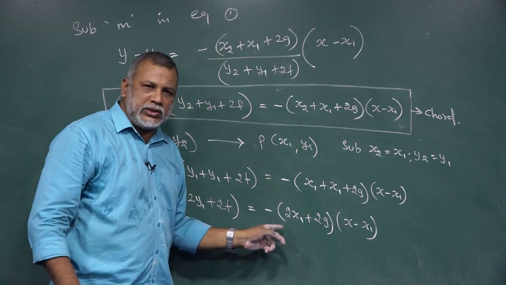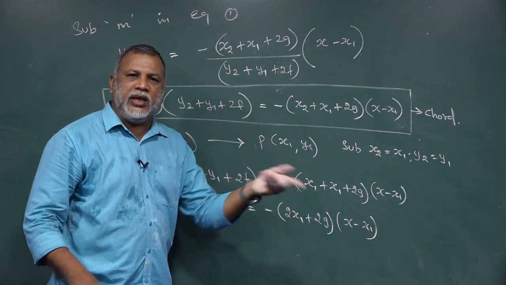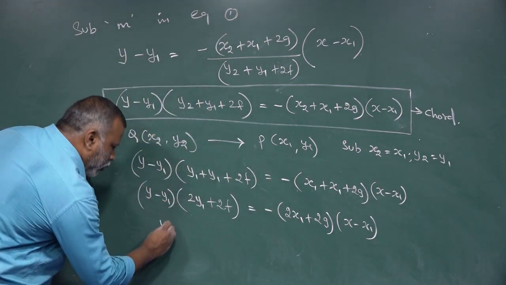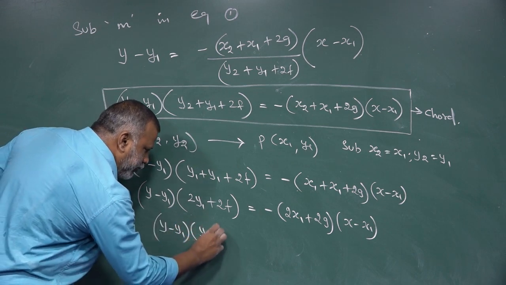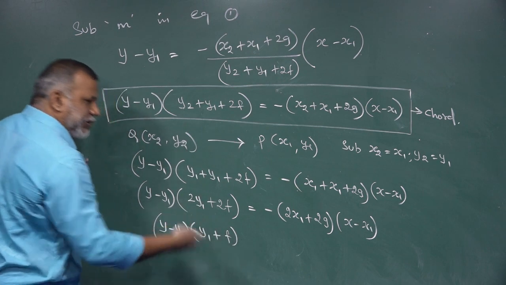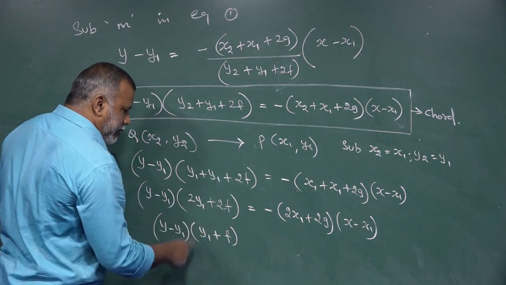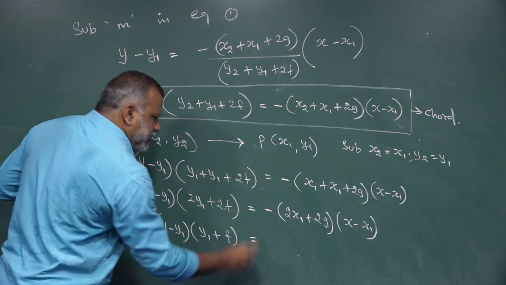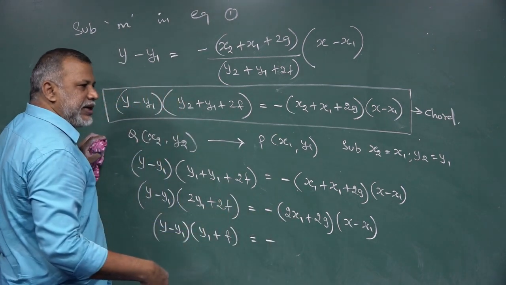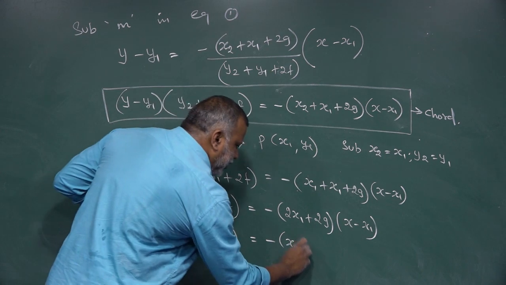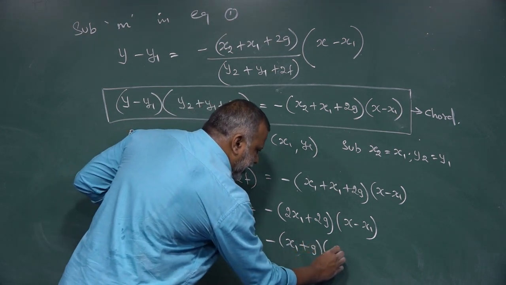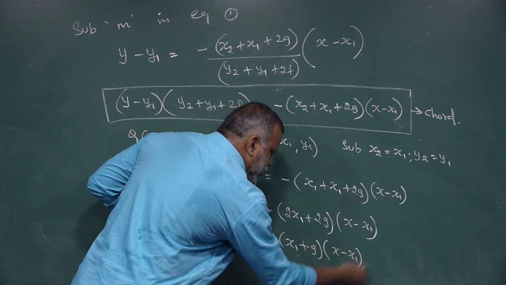Here also we are able to take 2 as a common. Then the 2 will be removed. Therefore, y minus y1 of y1 plus f, and here also we take out 2 as common, it will be eliminated. Then x1 plus g, multiplied with x minus x1.